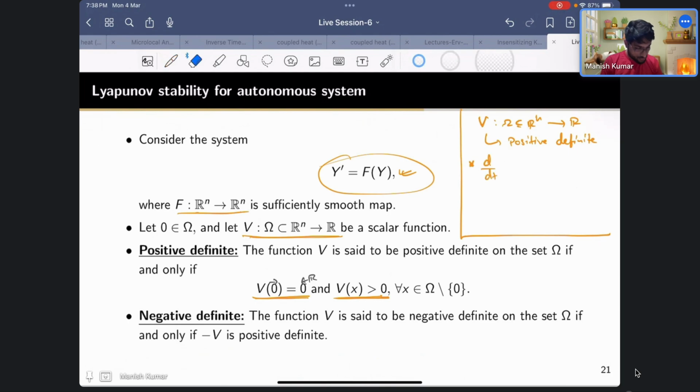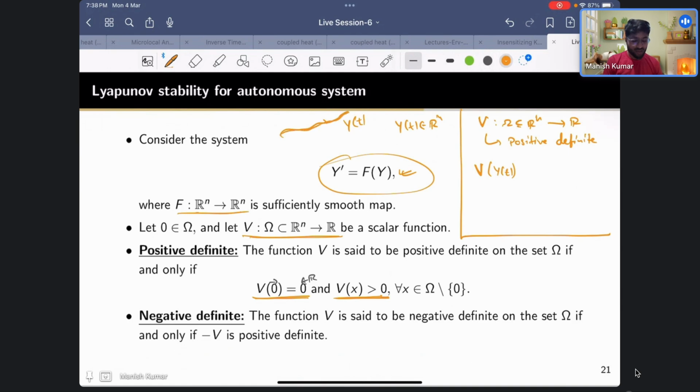See, this V is just a function from R^n to R. Now look at this one: V at y(t). This y(t) is a vector in R^n for each t. So now we'll look at this function along the solution. Suppose this is a solution y(t). Now we are looking at the value of V along this curve.